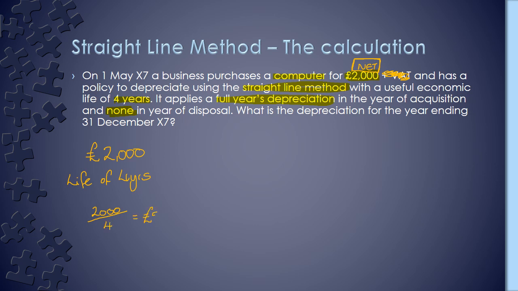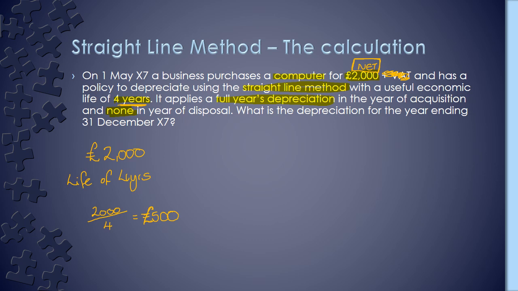So the amount that we are going to depreciate in a year is 500. And that's because there isn't any residual value here. It is a straight depreciation over its useful life of 4 years. So we know how much we're going to be depreciating in a year.